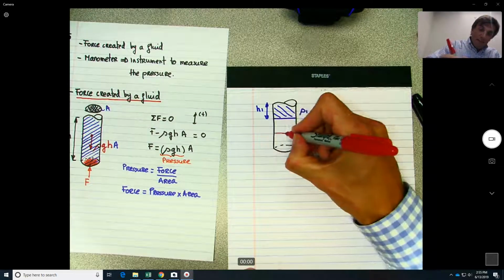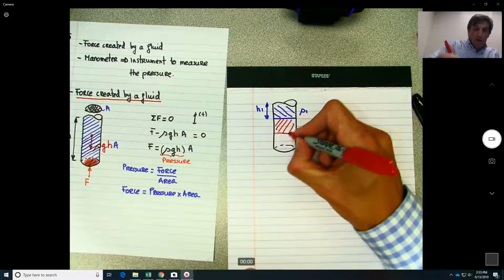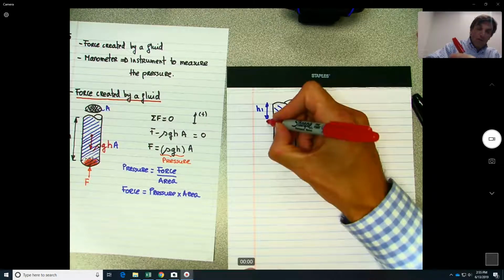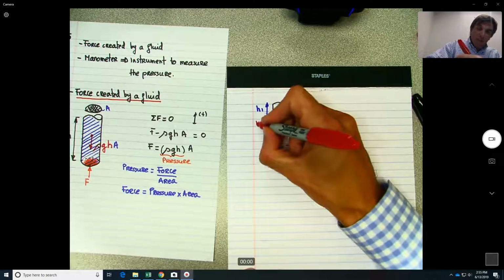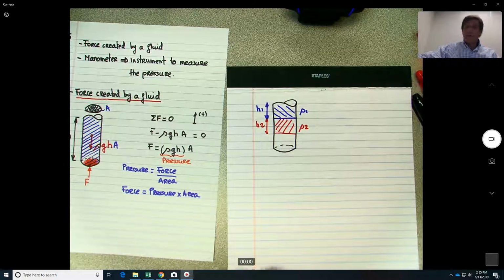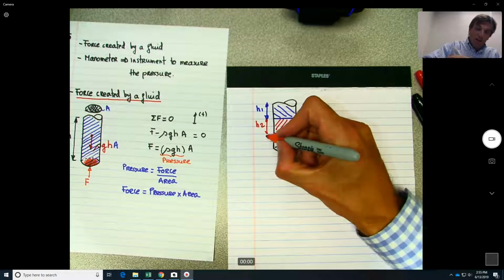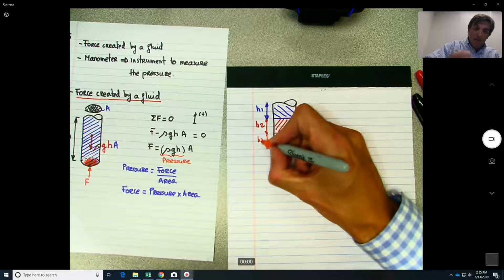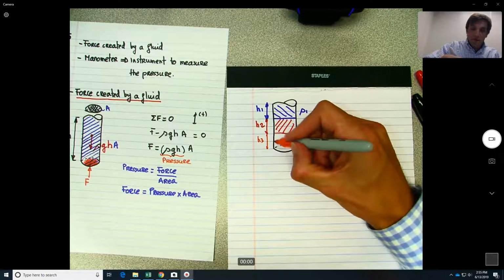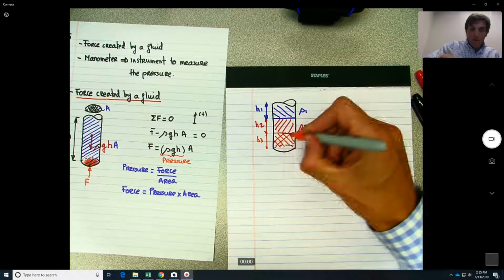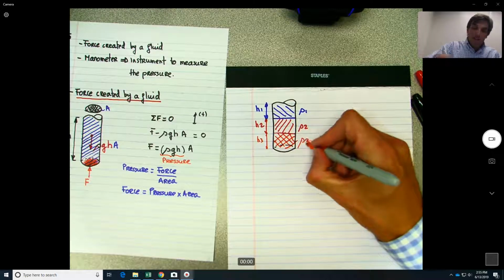You have a fluid over here with a density of ρ2, h2, and let's say finally you have a third one over here, h3, with density ρ3.